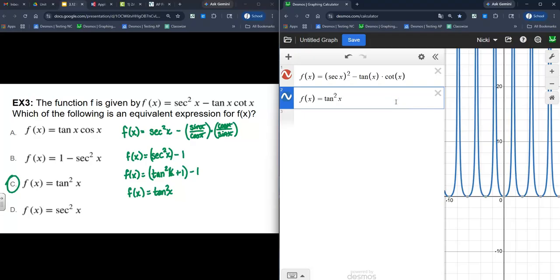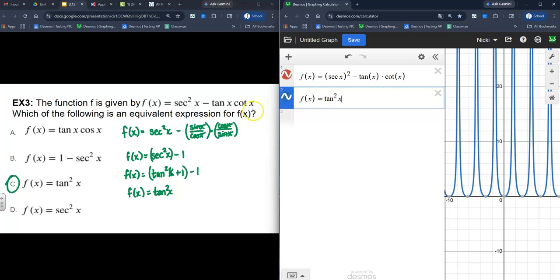So this is the same function. We have just rearranged it to look different, and this one is a lot more simple. We've simplified that function by replacing things till we get something simpler, but they are still the same functions. They will give you the same values out if you plug numbers in.